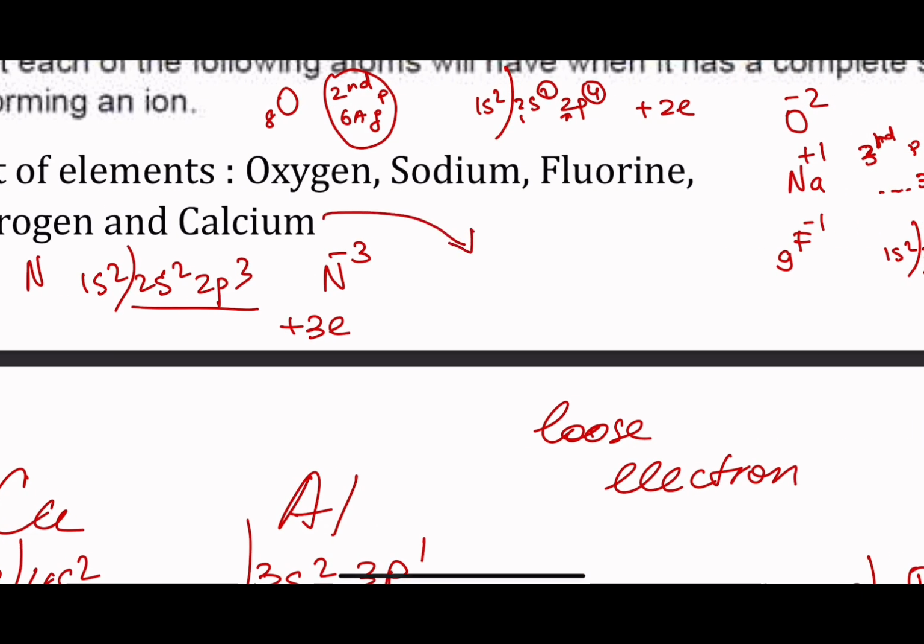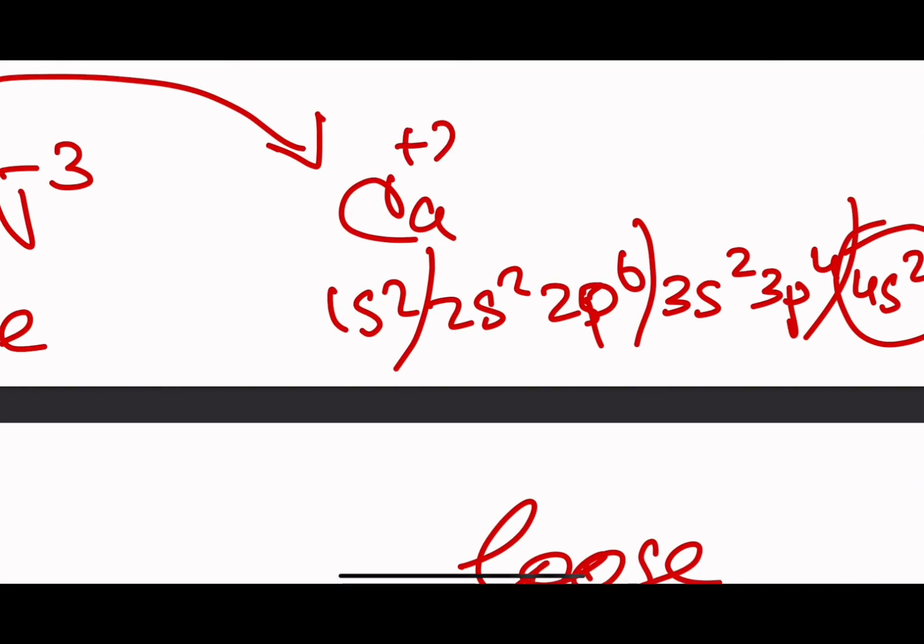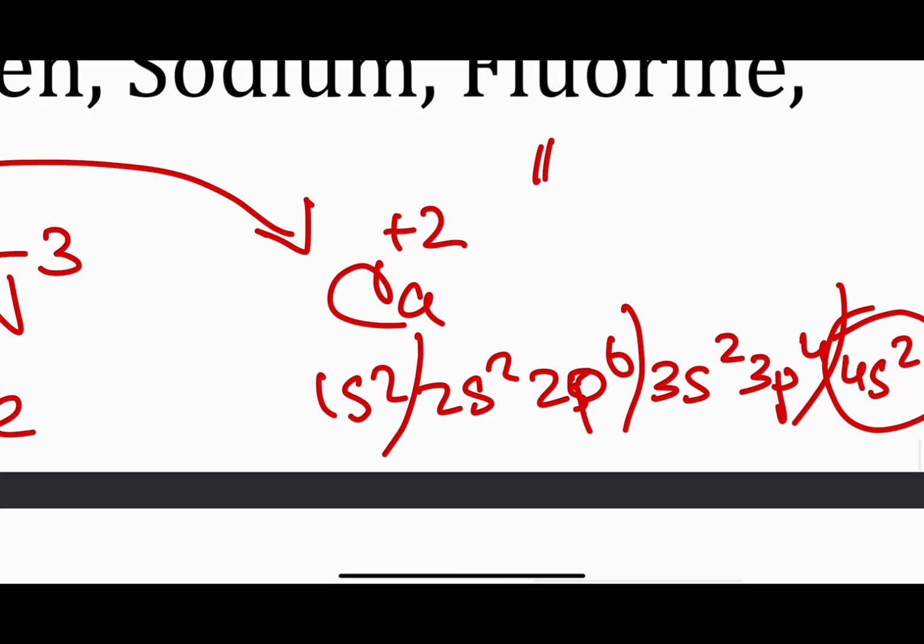And calcium, we have done calcium a lot, so 1s2, 2s2, 2p6, 3s2, 3p6, and 4s2. Now, in order to complete the octet, it has to lose these 2 electrons, making it a +2 charge. It's also 2A group, we already know it from that, so it will be +2 charge, valency of 2.